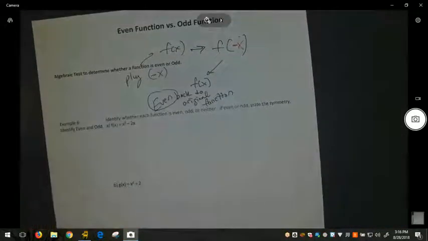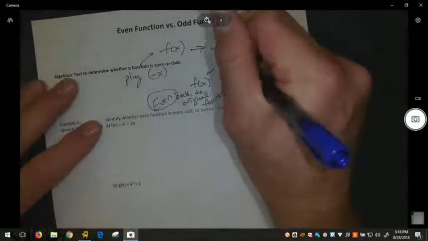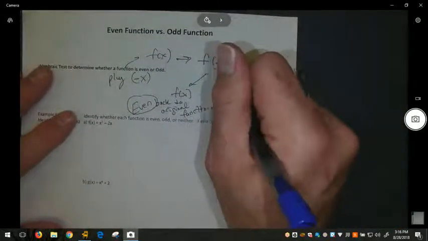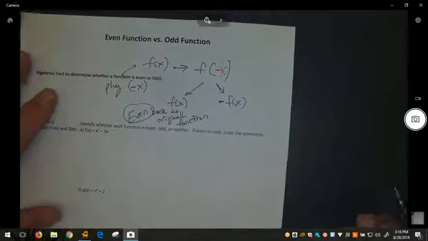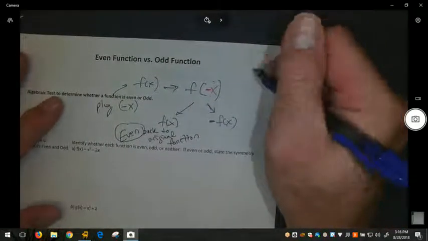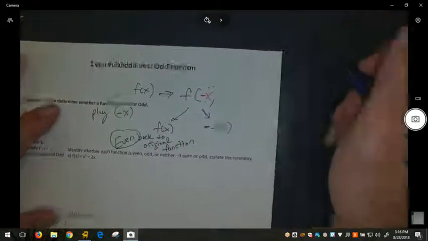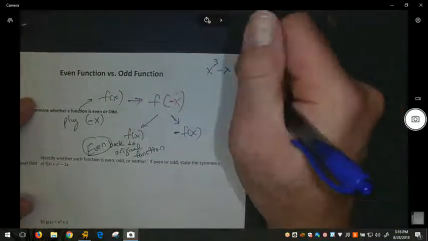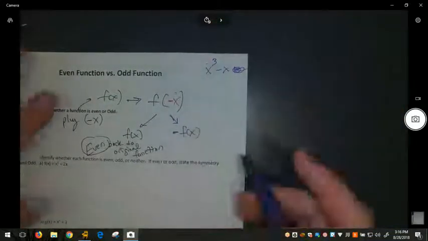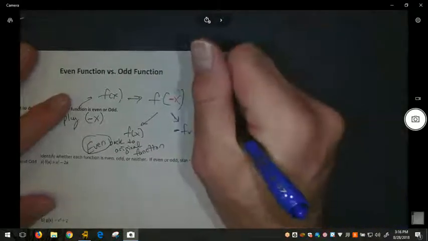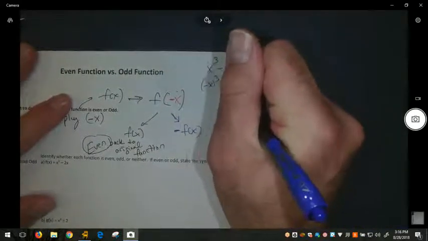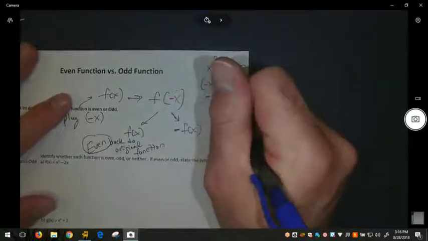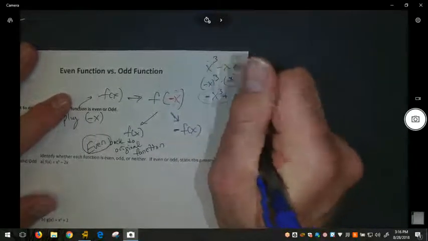If you plug this in and instead you get the opposite of the entire function. So for example, we started out with a function of x cubed minus x, and we plugged in the opposite of x, which in effect made this the opposite of x cubed plus x.